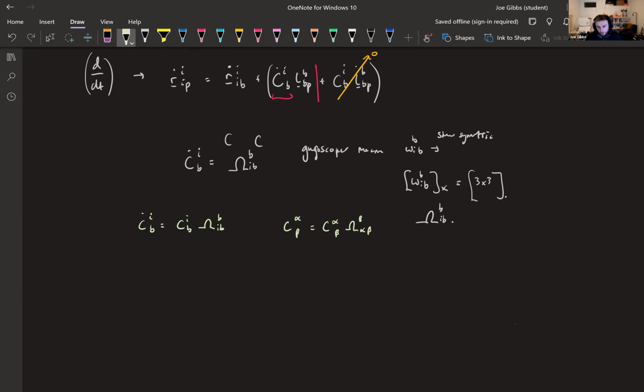This is known as the gyroscope term, just because it's generally used in inertial measurements. Okay, so we want to use this and sub into our equation over here. So when we do, we're going to sub in CIB, omega BIB.